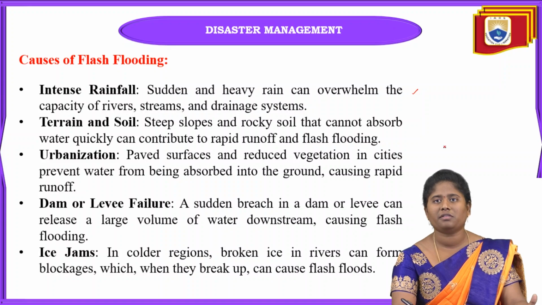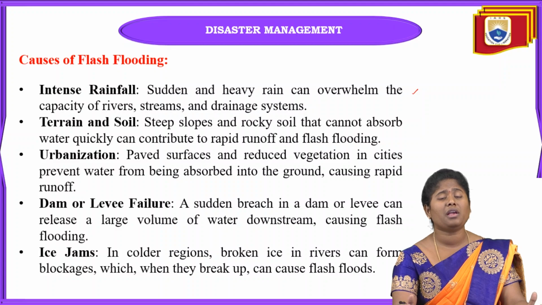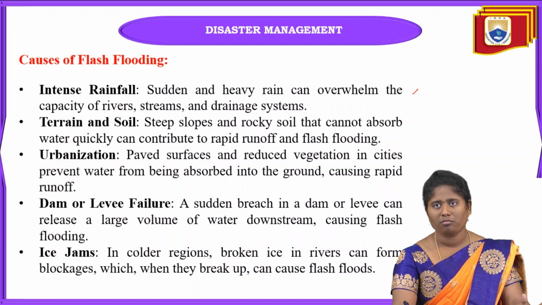Next one is urbanization, where there are paved surfaces, development and reduction of vegetation. Why? Because if urban areas are going to be developed, we almost have to cut the trees. Reducing the vegetation in the cities will prevent the water from being absorbed into the ground.